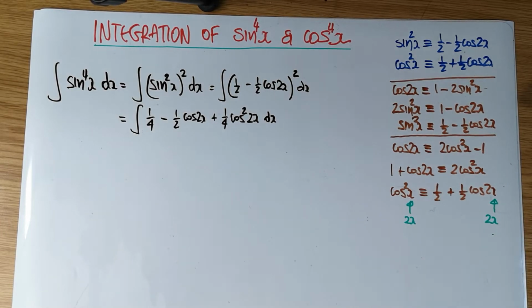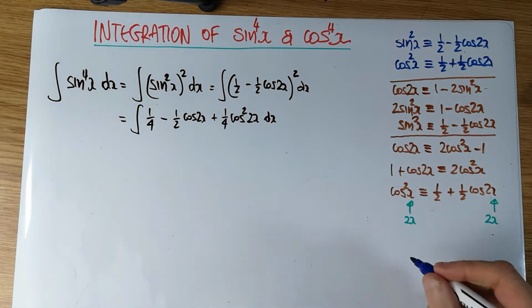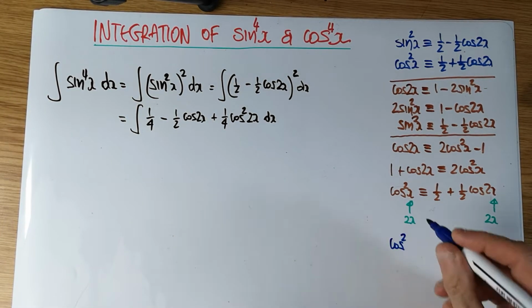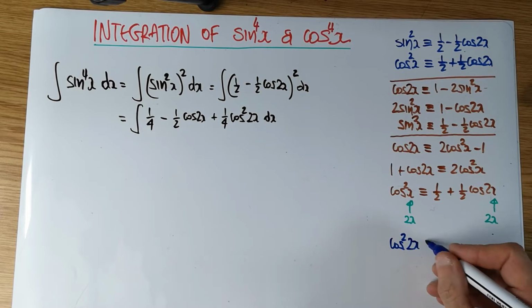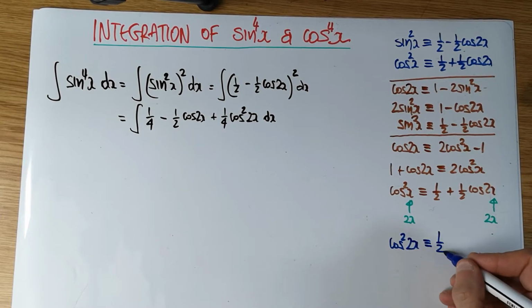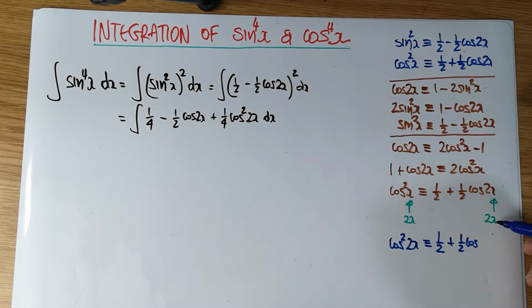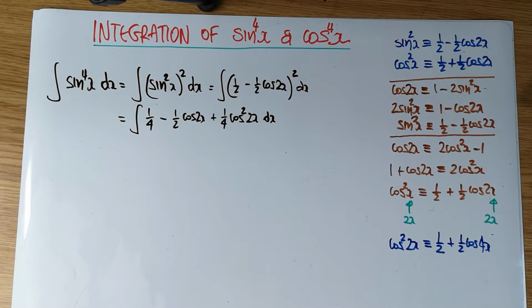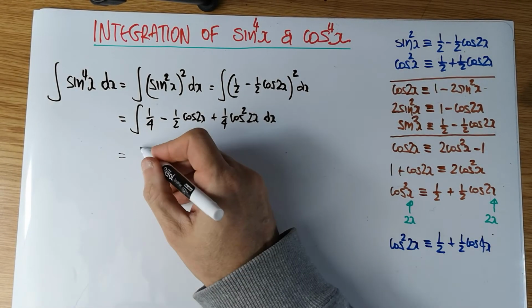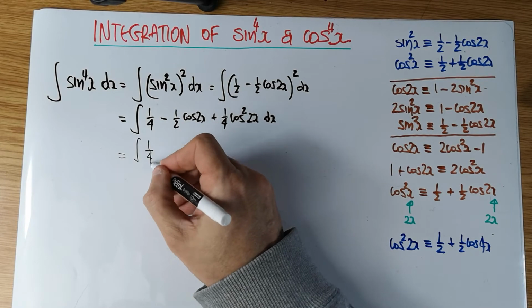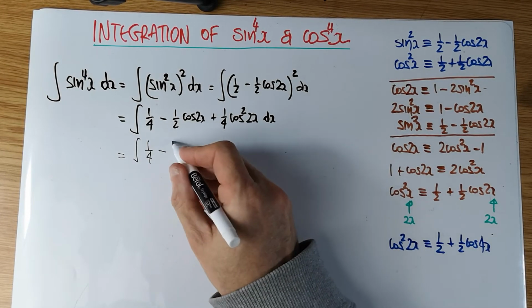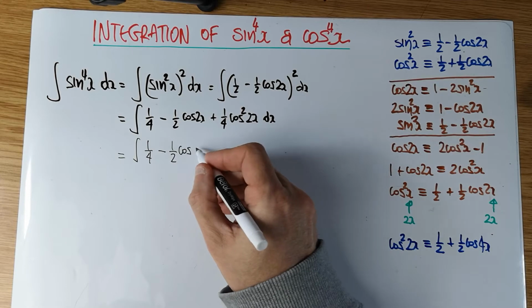So this identity now will in fact read, for this particular integral, cos squared, I replace the x for 2x, is identically equal to a half plus a half cos of 2 lots of 2x, so cos of 4x. Okay, so we can actually now replace it in our integral, and this is what happens. Still tidying up, so we got a quarter minus a half cos of 2x.